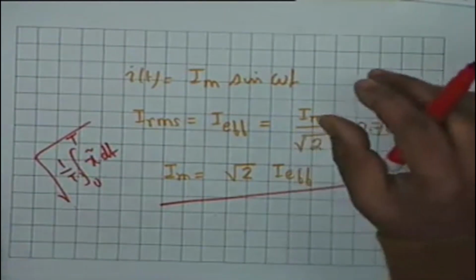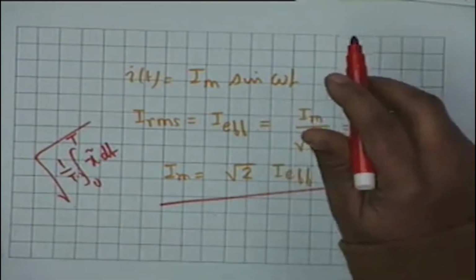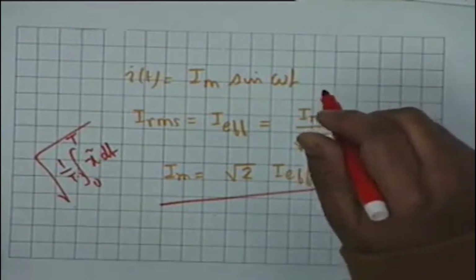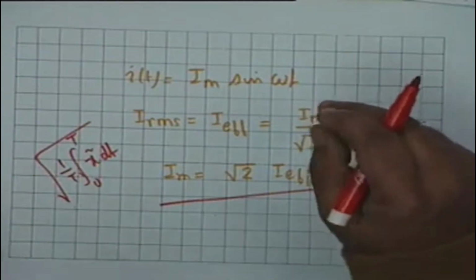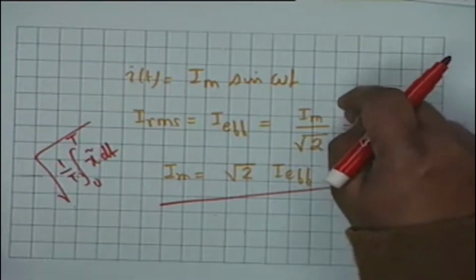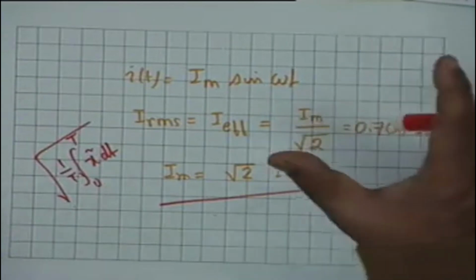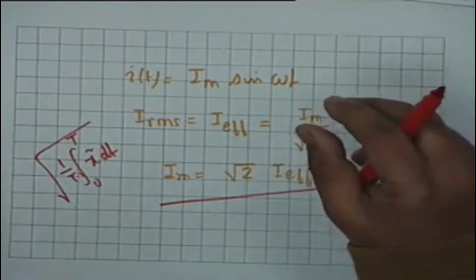Now, we have so far discussed three measures of a periodic wave: the complete waveform, the average value, and the root mean squared value. As I have told you, the total waveform can be displayed on a CRO.